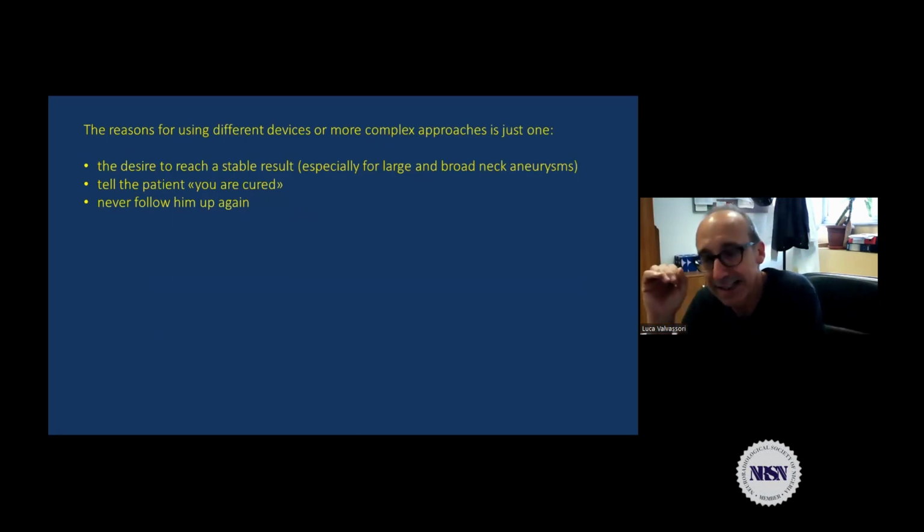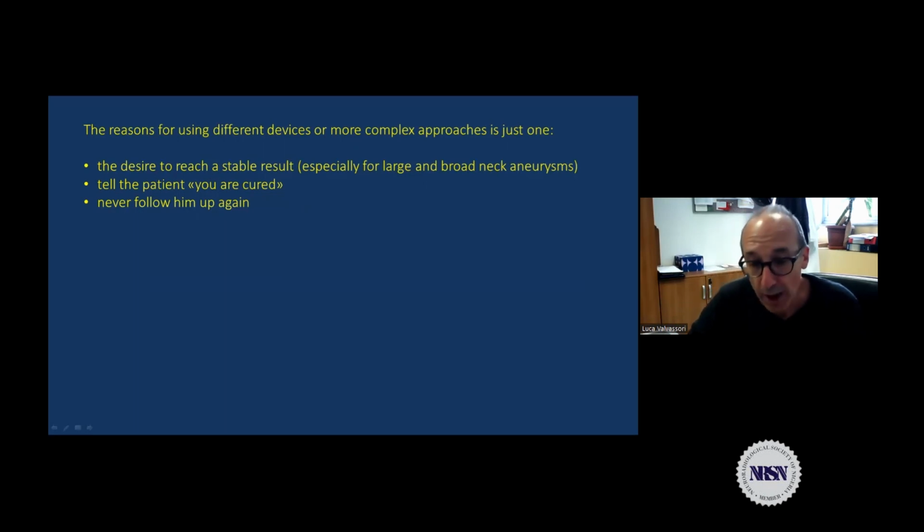The reason is the idea and the desire that we have to basically stop doing follow-ups and to have the possibility to tell the patient you are cured, you are not a patient anymore, you don't need any additional follow-up in your life. So to have a very stable result.